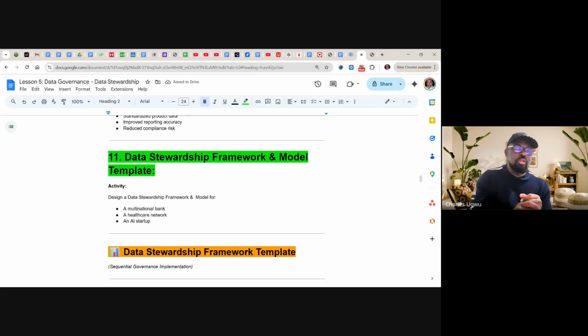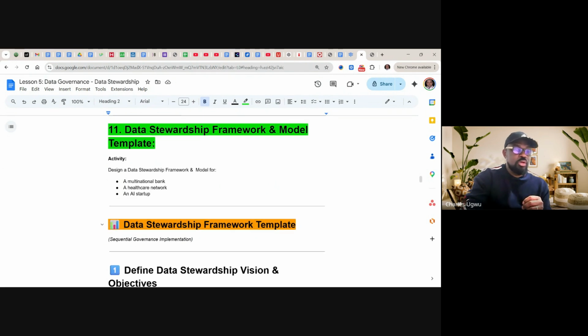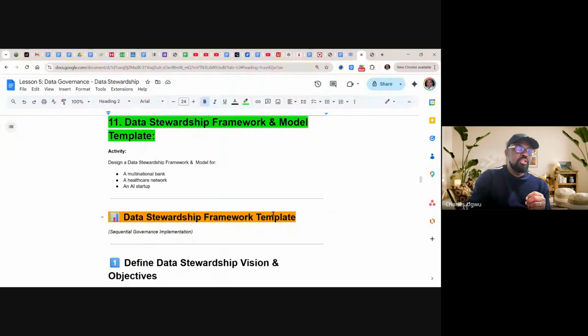Framework and model. So we create a framework and model. What we are going to do here, using this activity, is design a data stewardship framework and model for a multinational bank, a healthcare network, and an AI startup.